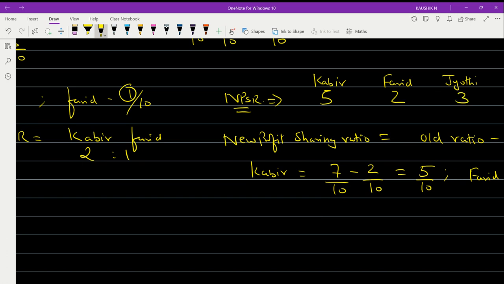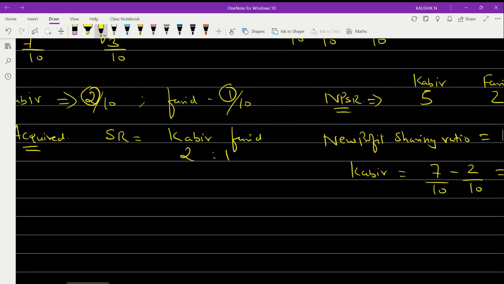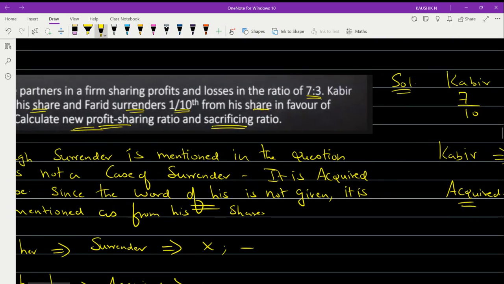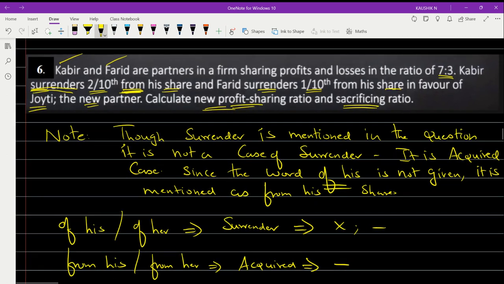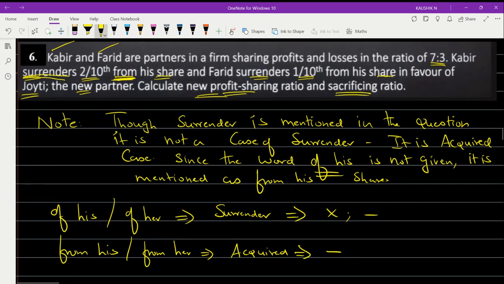So this is our NPSR. Is the concept clear? Do you find this tricky? The problem is a little bit tricky with the words, and when you understand the concept it becomes easy, right? Shall we move on to the next problem?